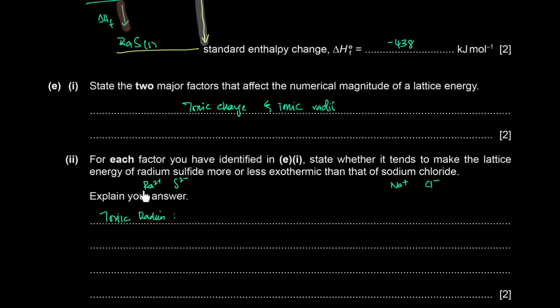Looking at just the radius, Ra2 plus is much larger than Na plus. So when you're looking at radius, it would make delta H lattice of RaS less exothermic, and the reason is that the ions in RaS are larger.